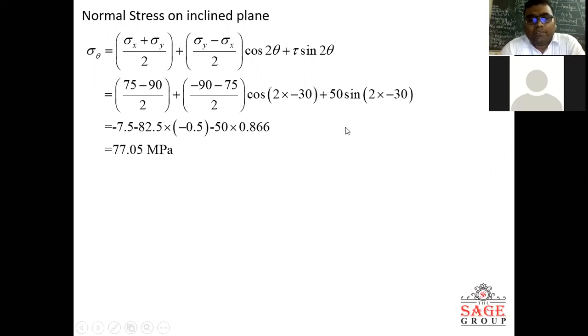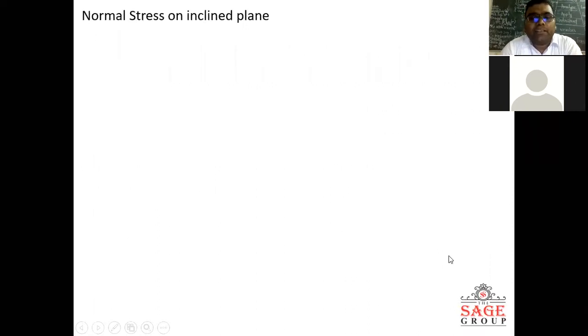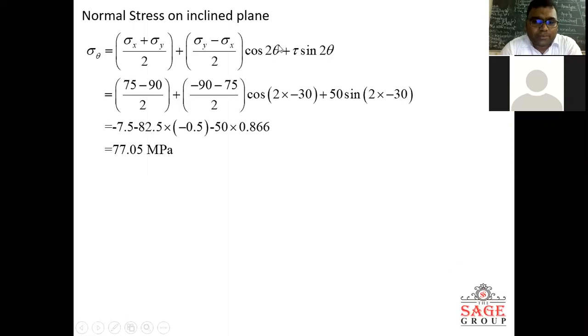One more thing you have to see is why tau is taken positive: as you can see in the previous diagram, when you derive the formula, it is taken like that. That's why tau is taken positive.